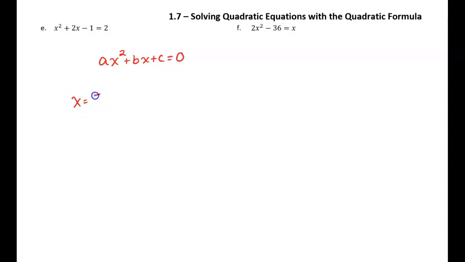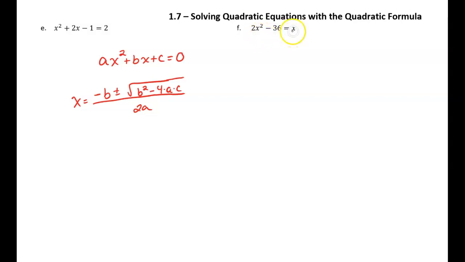Once we have that, then we're able to apply this set of operations divided by 2a. But if we don't have that, we're going to have to adjust our equation to make it into the right form. And that's what we have to do first.